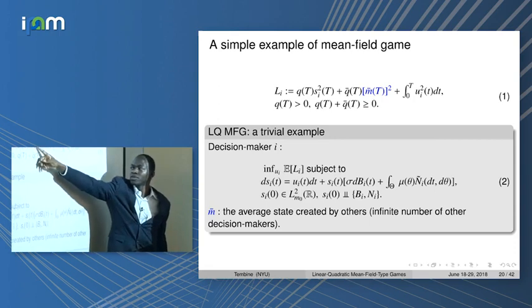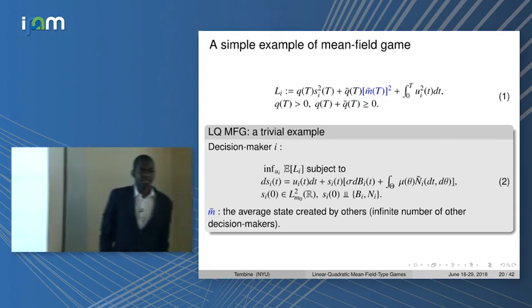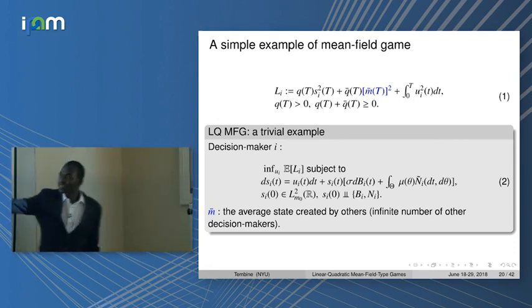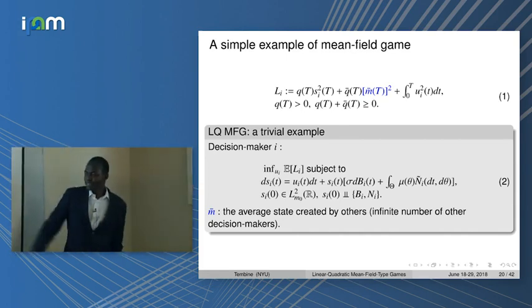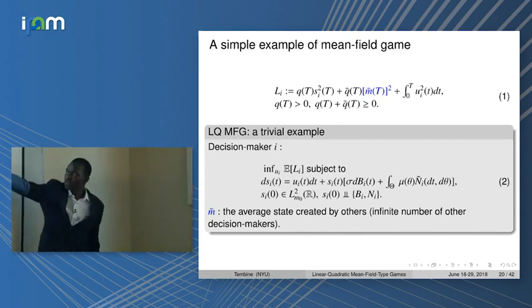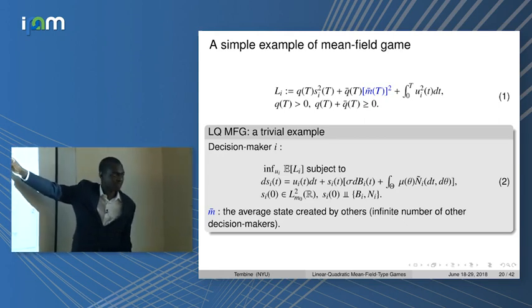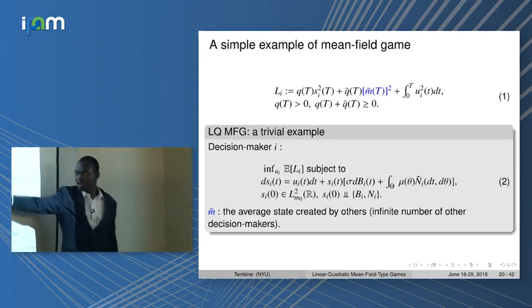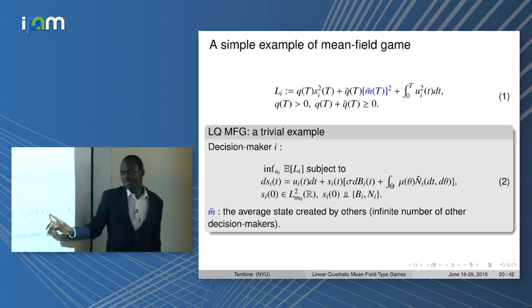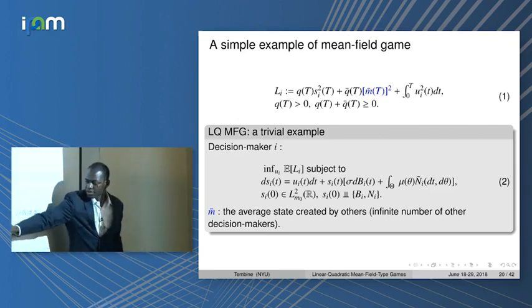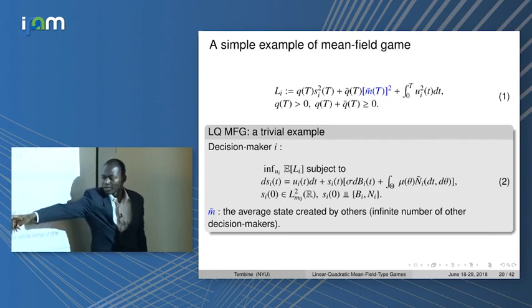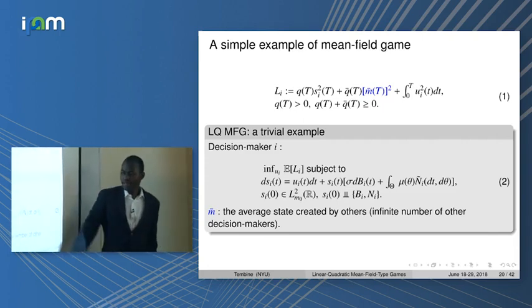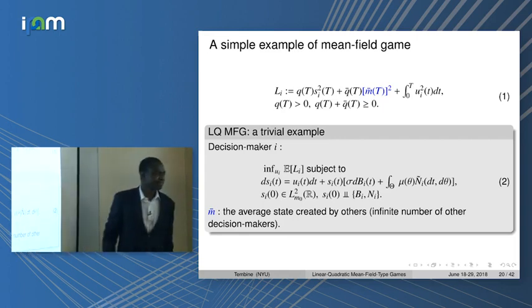This other could be negative. And the sum of the two, I want it to be positive or zero. You take the expected value of the cost and you want to minimize it subject to a state dynamics that is linear in the state. These are functions of constants or functions of time, but there is no state there. So it's just linear in the state and control terms.